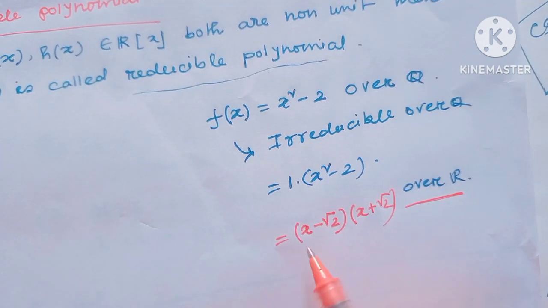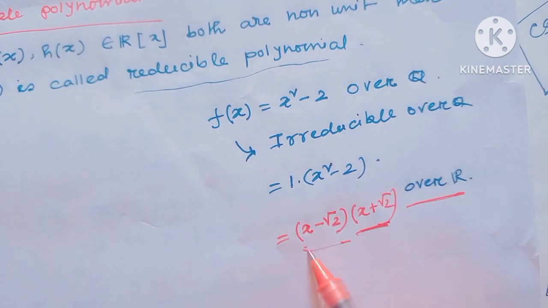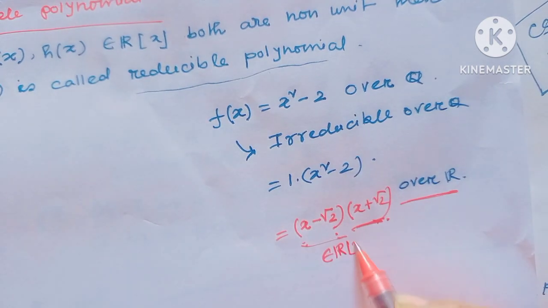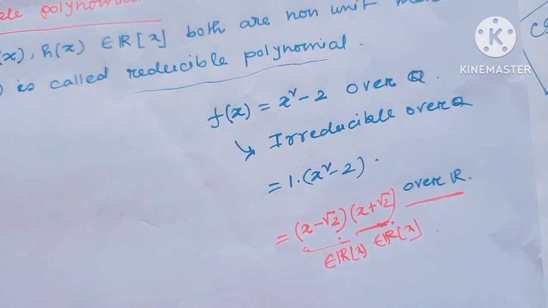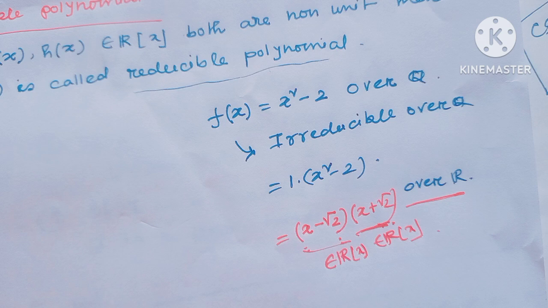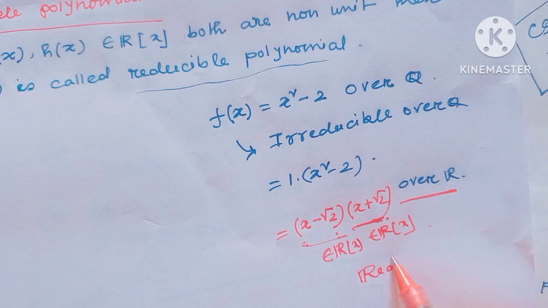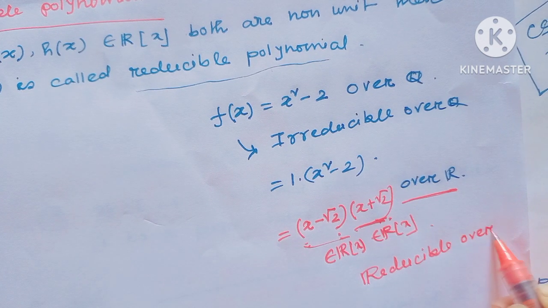Over R, we can reduce f(x) in such a way. Here neither polynomial is a unit. Both polynomials belong to R[x], but they are not units, because units in R[x] look like constant polynomials. So this is reducible over R.